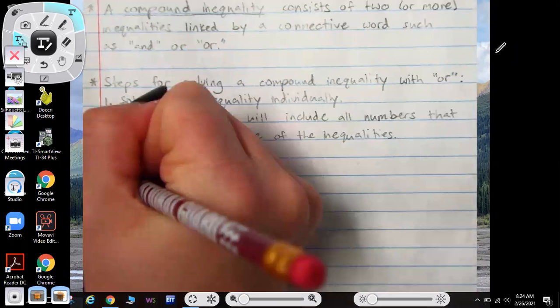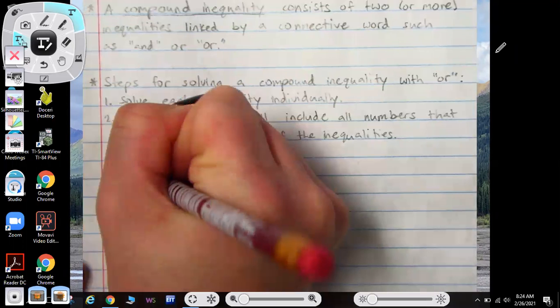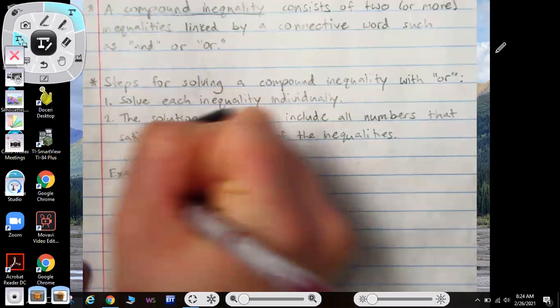All right, let's look at an example. This will be example 2 for this set of notes.